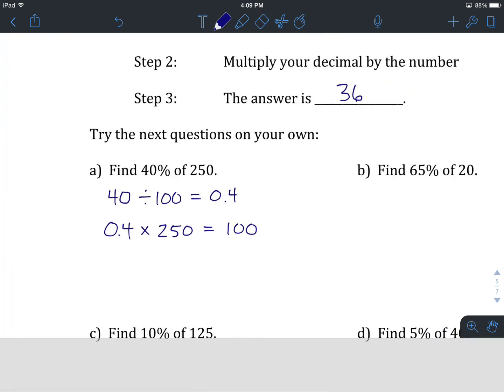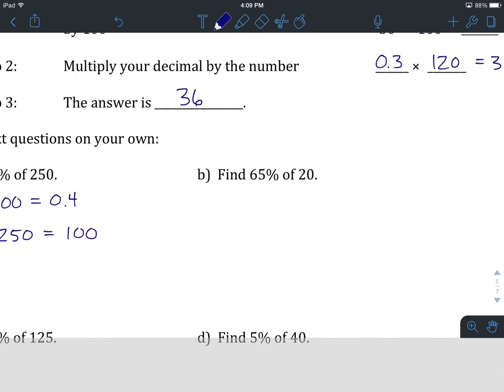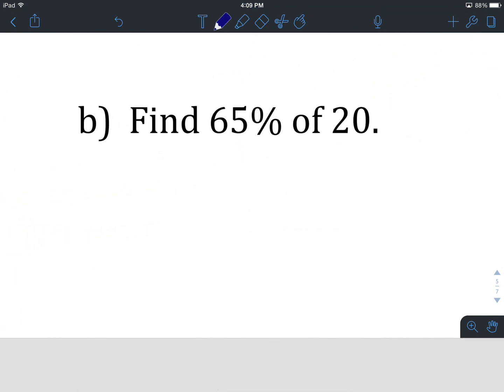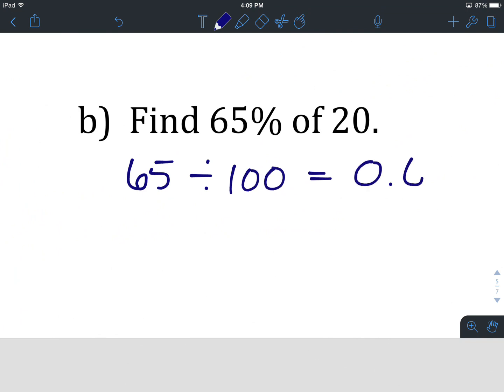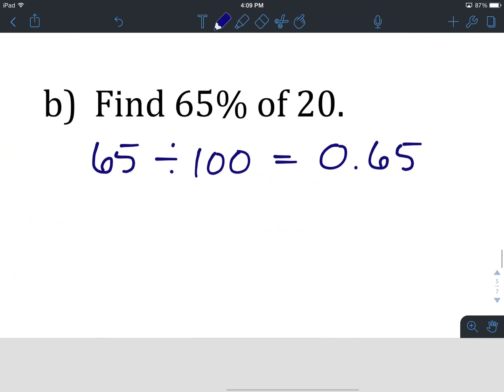Let's try one more example together, just to make sure we've got those steps down. B here, we want to find 65% of 20. So the first thing we want to do is convert our percent number into a decimal by taking our percent number, which is 65, and dividing it by 100. We type that into our calculator and we get 0.65.